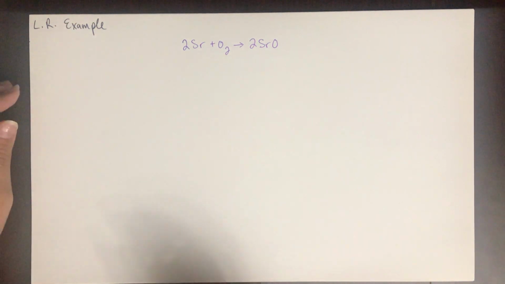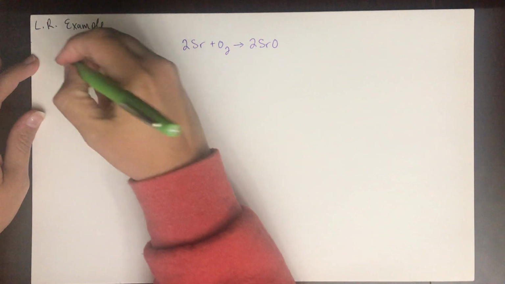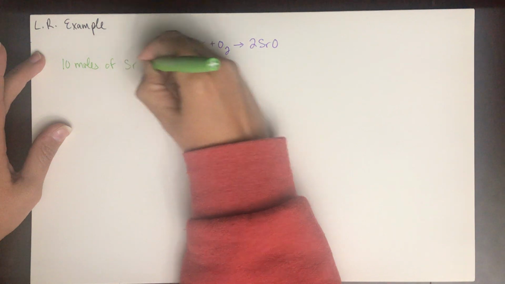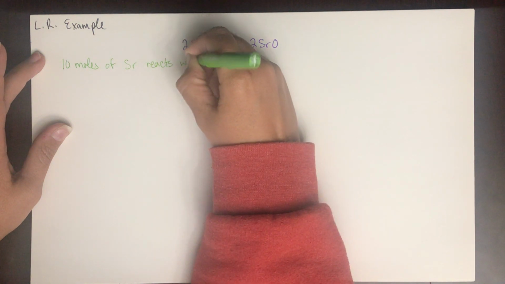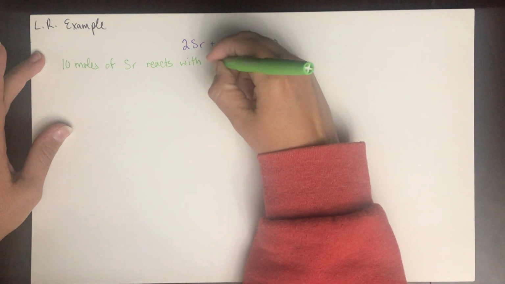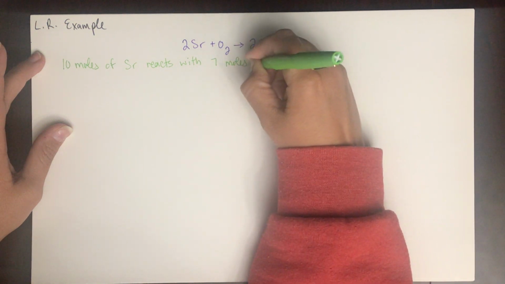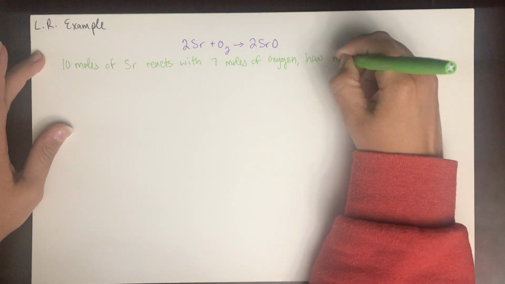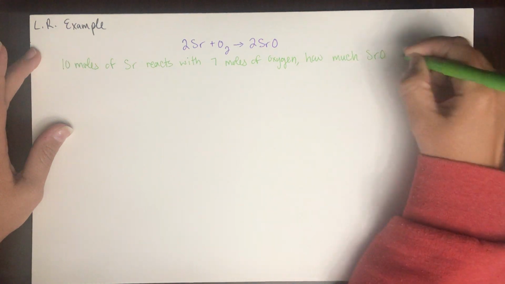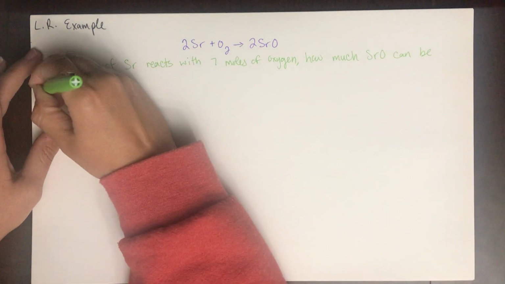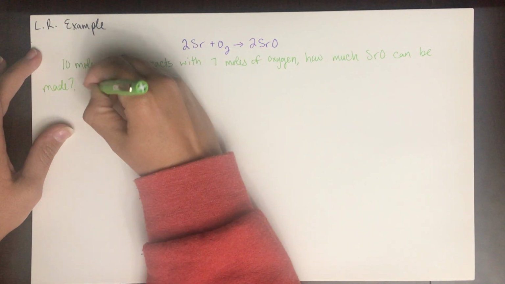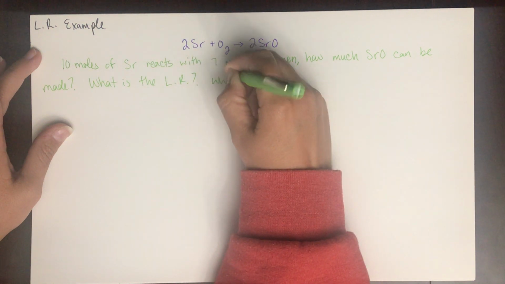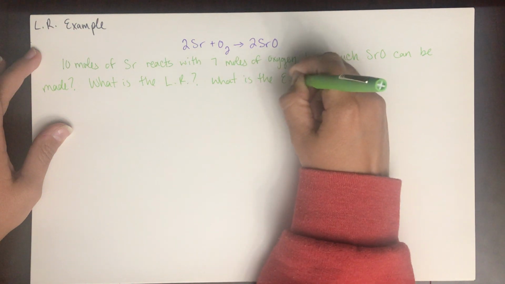So if I say 10 moles of strontium reacts with 7 moles of oxygen, how much strontium oxide can be made? And then I'm going to ask, what is the limiting reactant? What is the excess reactant?